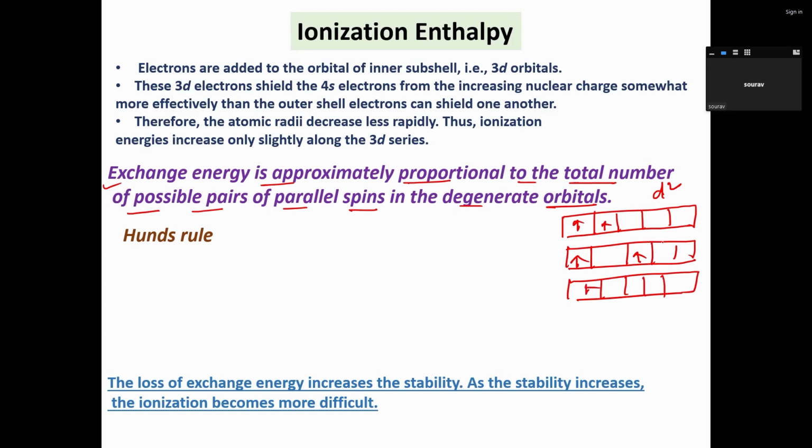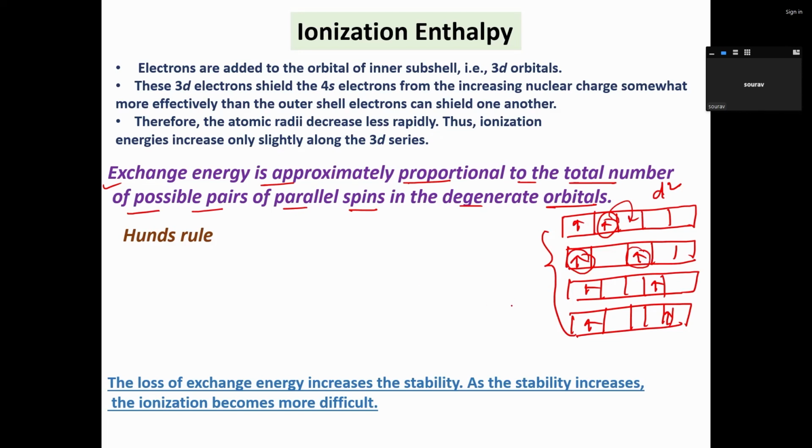In this way we can arrange the electronic environment. In this arrangement, the electrons can exchange from one orbital to another, but everywhere you can see these two electrons are in parallel spin.